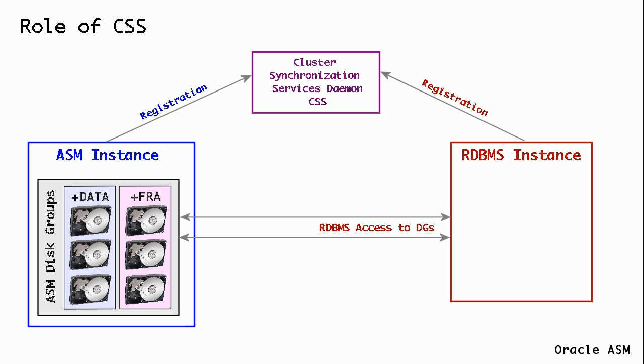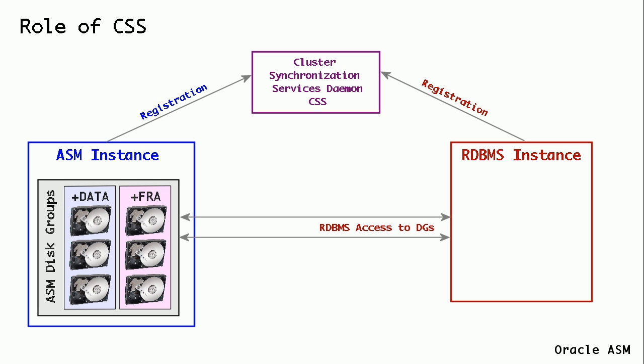Cluster synchronization services also tracks the health of processes which can perform file input-output between database and ASM instances. Cluster synchronization services identifies abnormal termination of database instance and informs ASM instance to perform cleanup.